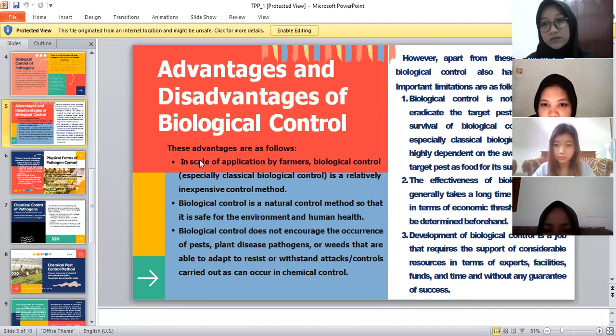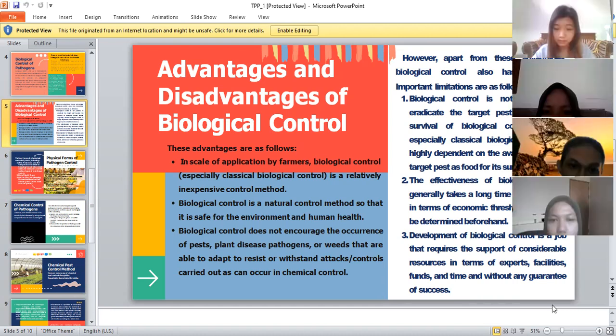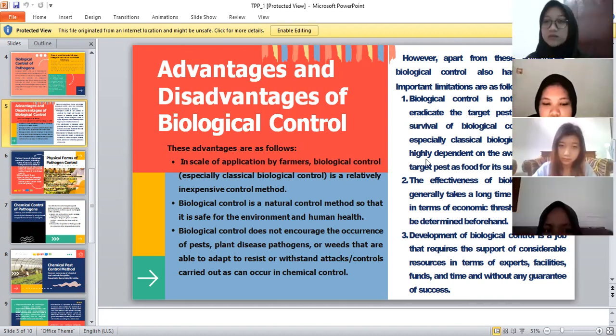Number 2, the effectiveness of biological control generally takes a long time and is relative in terms of economic thresholds that must be determined beforehand. Number three, development of biological control is a job that requires the support of considerable resources in terms of experts, facilities, funds, and time, and without any assurance of success.